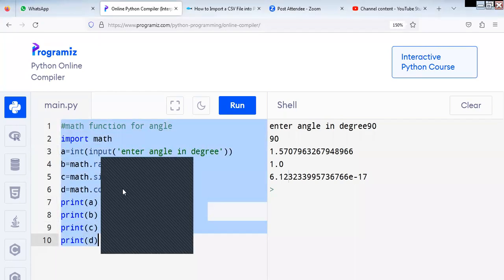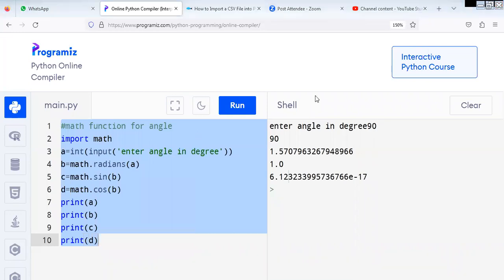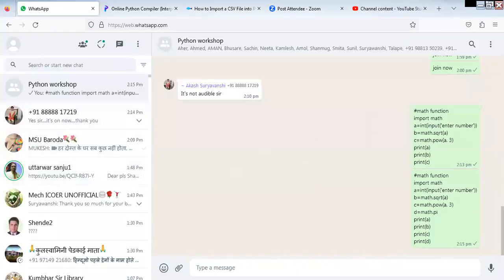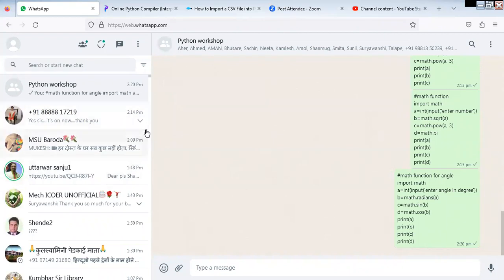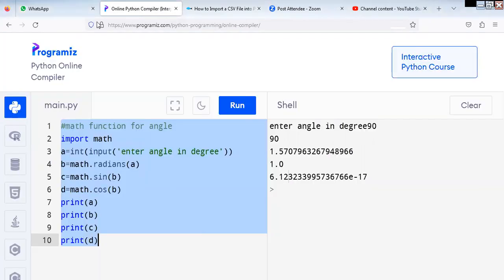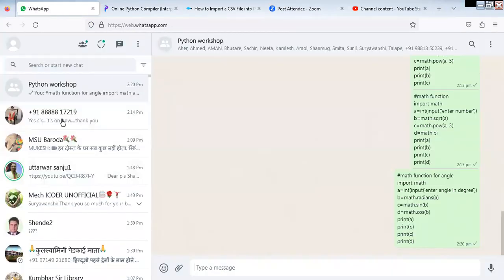Please understand that whatever software uses, the angle is in radians. So we need to convert to degrees for our understanding. This is one example we took for converting.